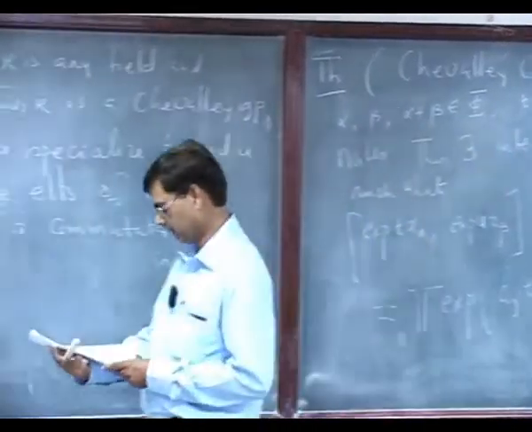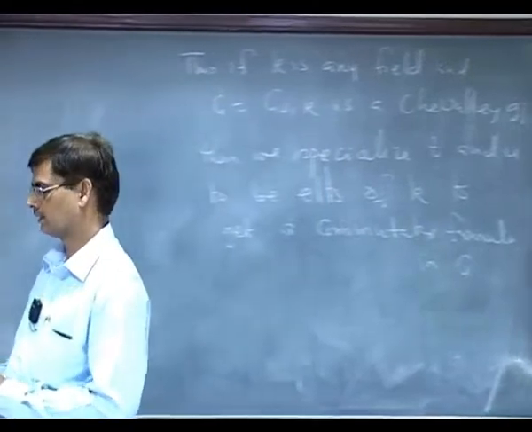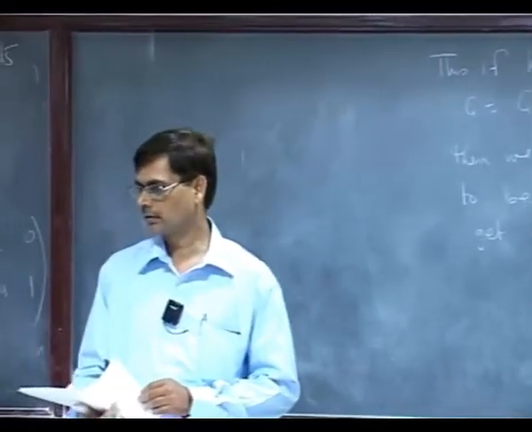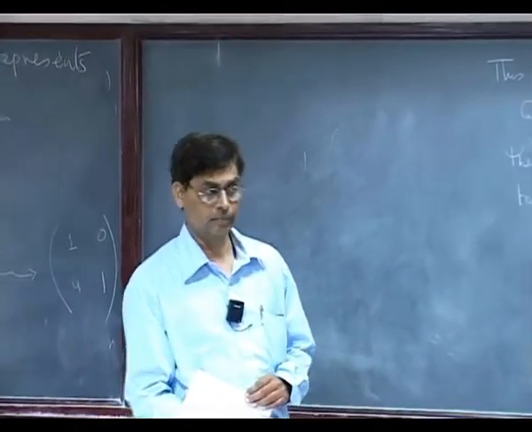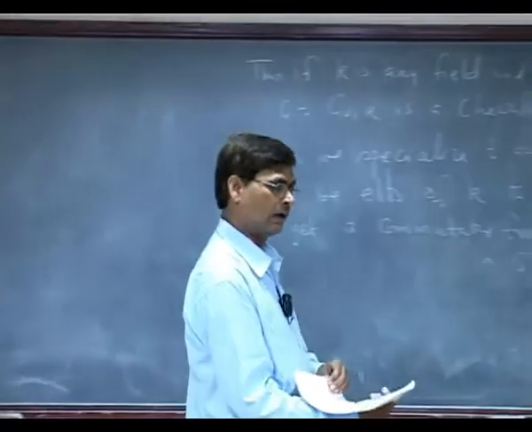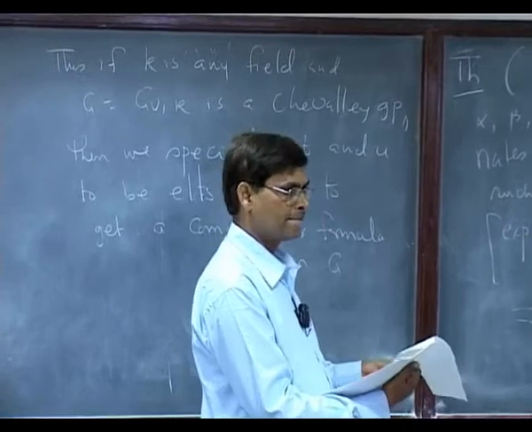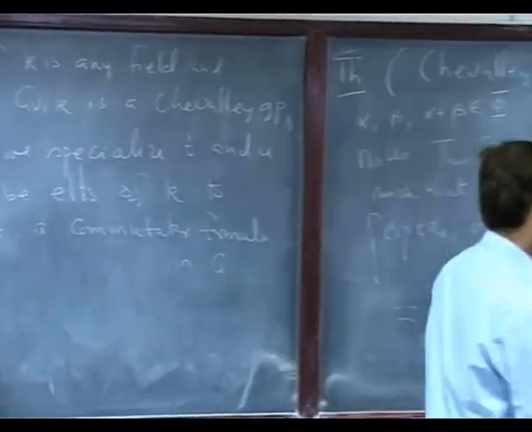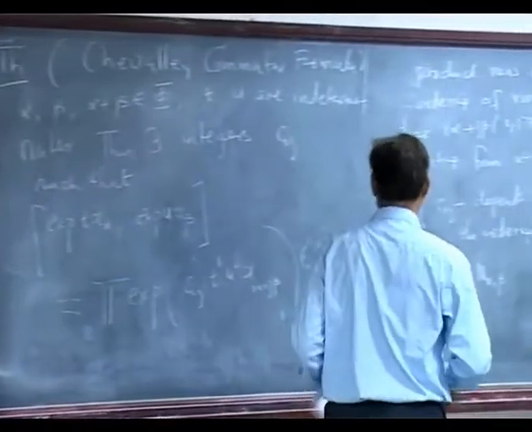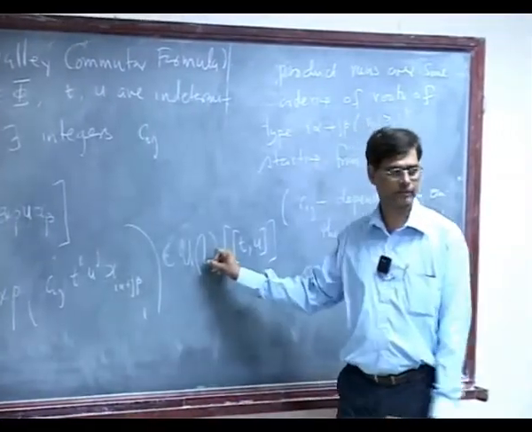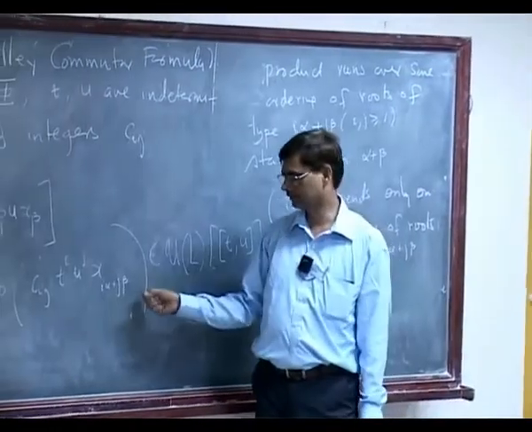So you see many things will be dependent only on certain things and not on the representation and so on. This is a formal power series ring. This is the universal enveloping algebra, because these are the elements there.